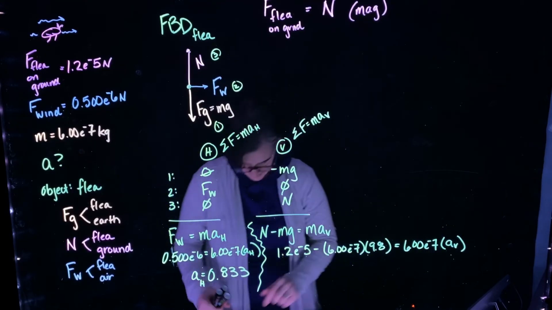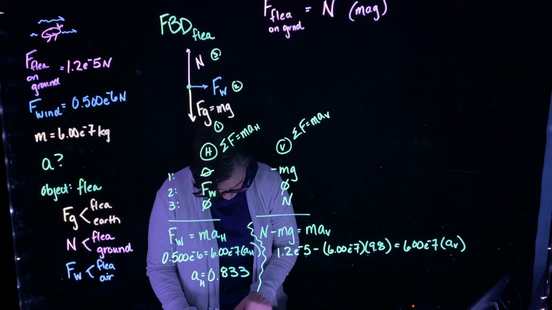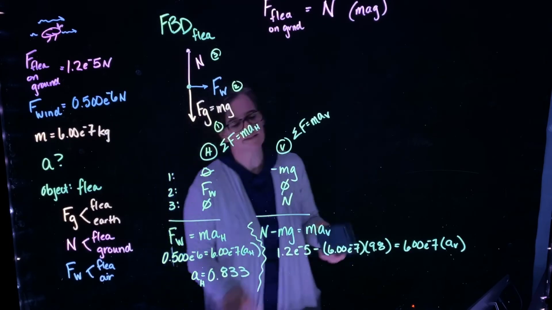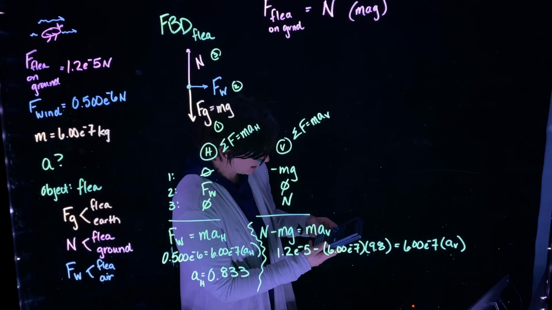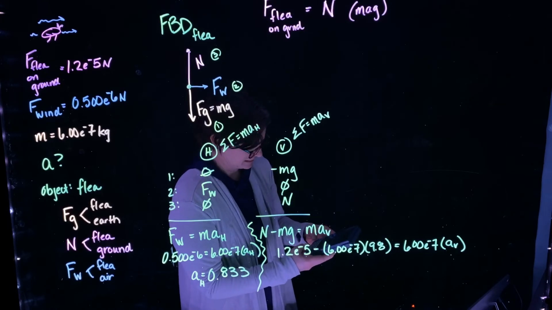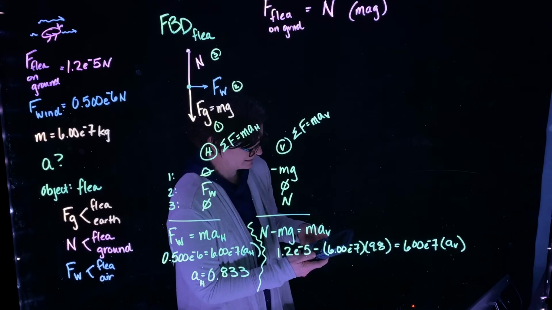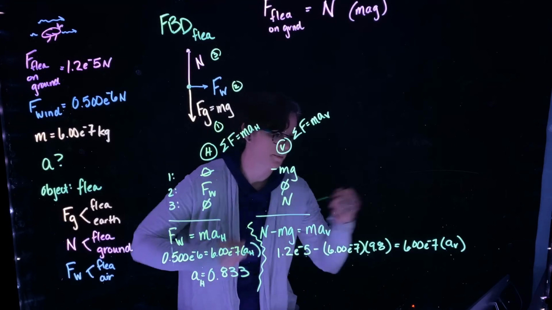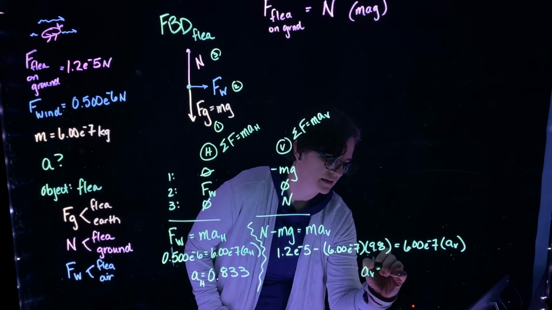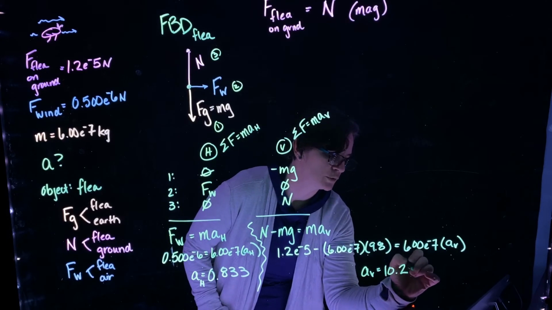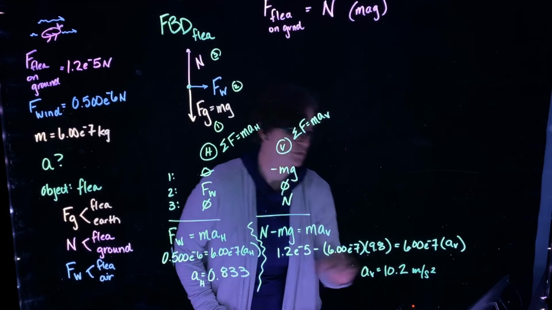So if we do this out, we have 1.2 times 10 to the minus 5th minus the quantity 6 times 10 to the minus 7th times 9.8. And then we have to divide that by 6 times 10 to the minus 7th. And we get a vertical component of 10.2 meters per second squared.